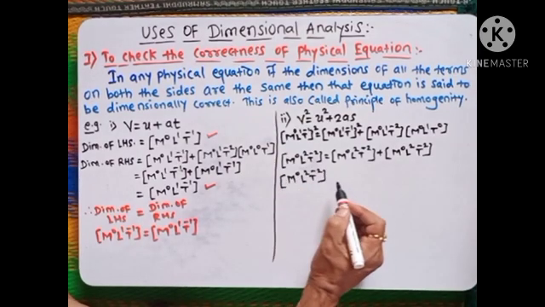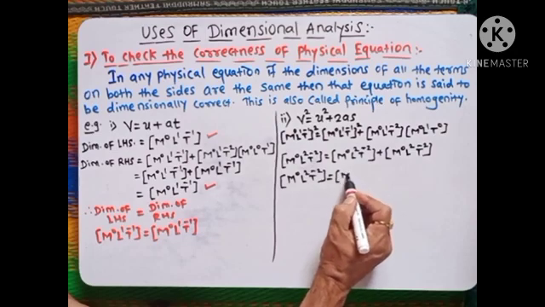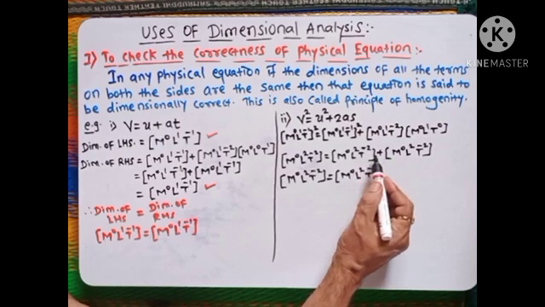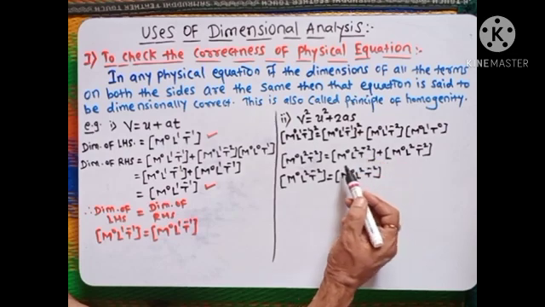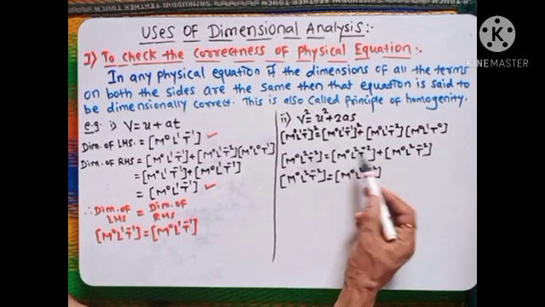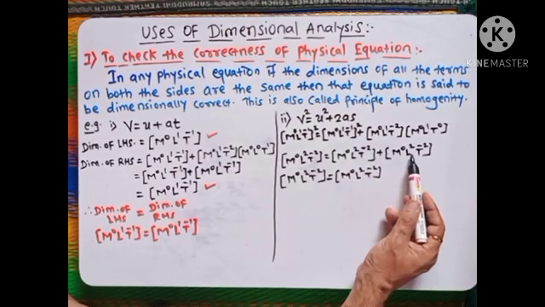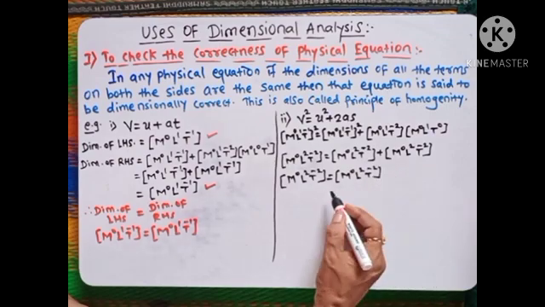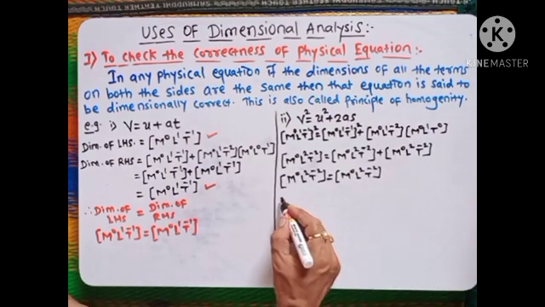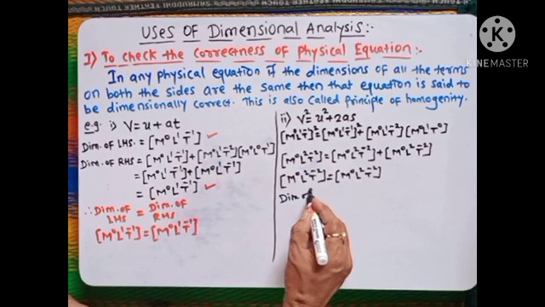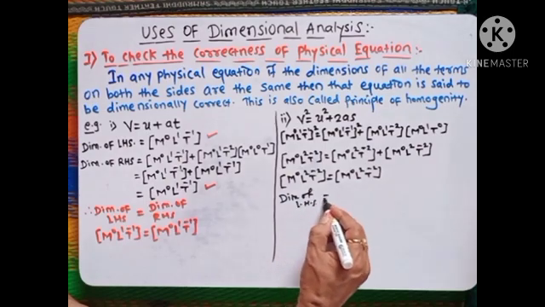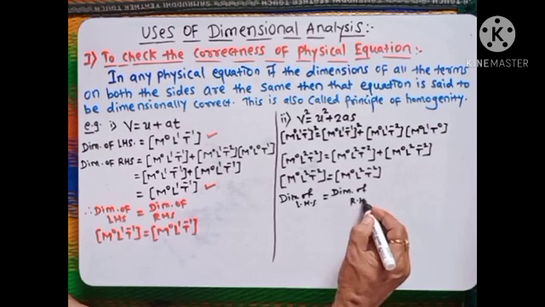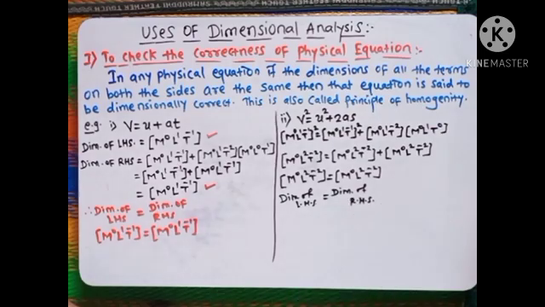In case of dimensions we write the common M0, L2 and T minus 2 one time. So the dimensions of LHS exactly match the dimensions of RHS. This is the second example.